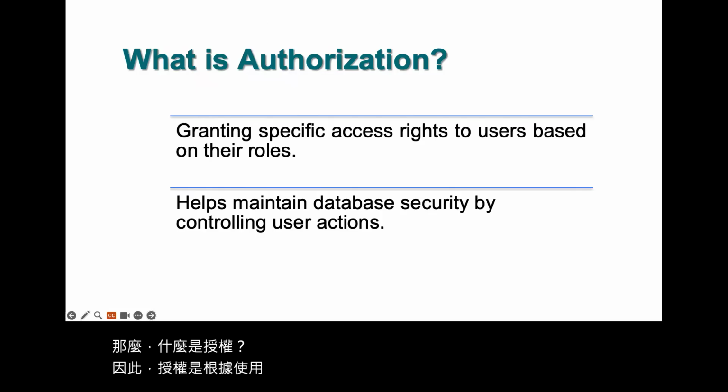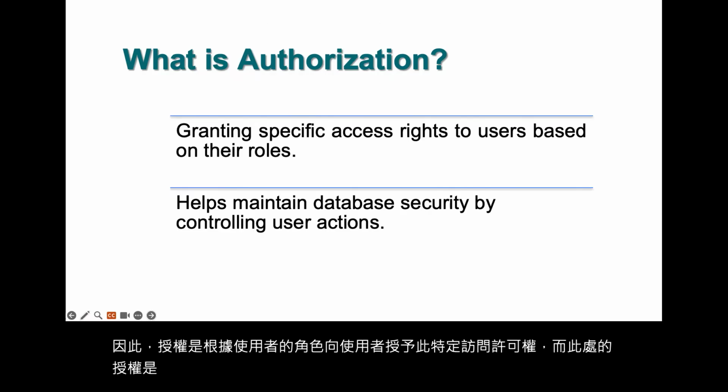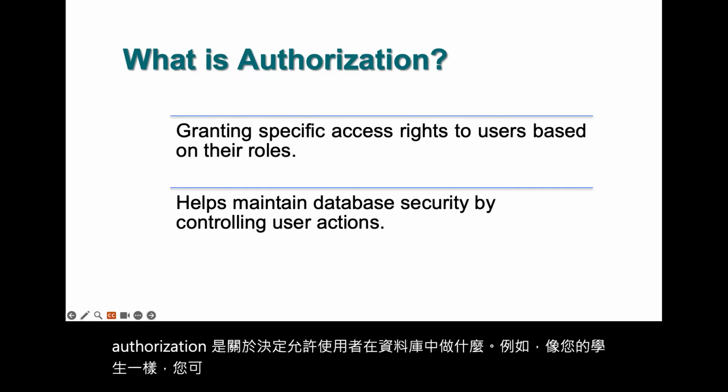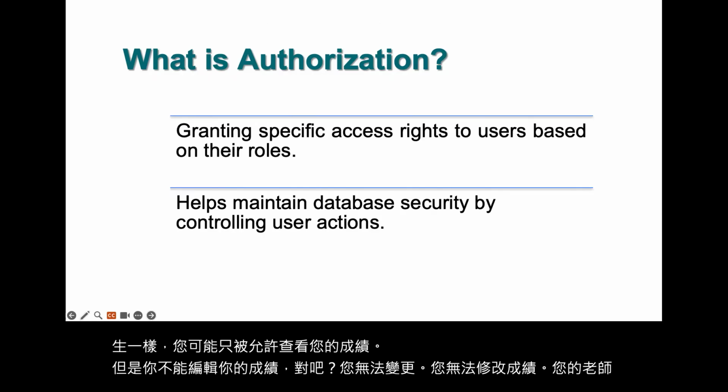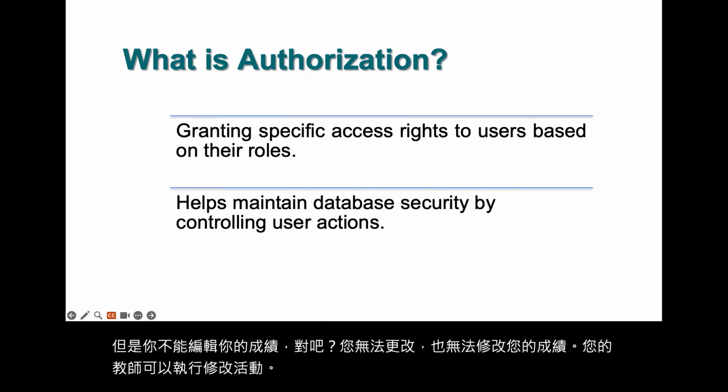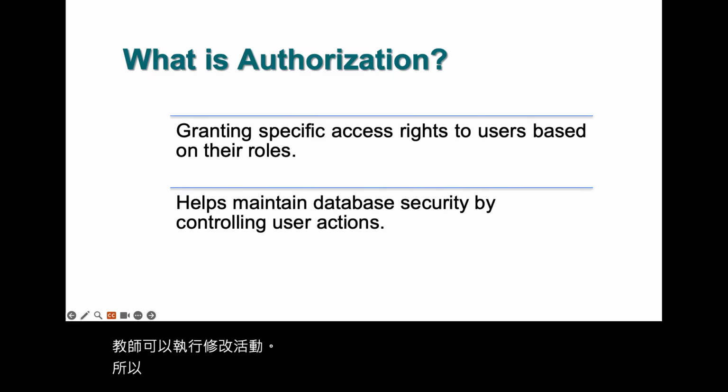Authorization here is about deciding what users are allowed to do in the database. For example, you, as a student, might only be allowed to view your grades, but you cannot edit or modify your grades. Your teachers can do the modifying. So it's very specific access.